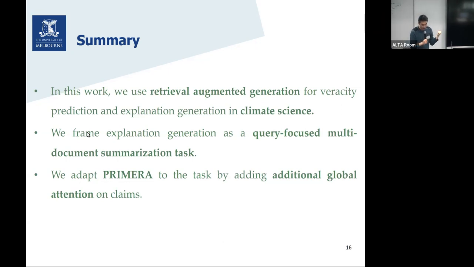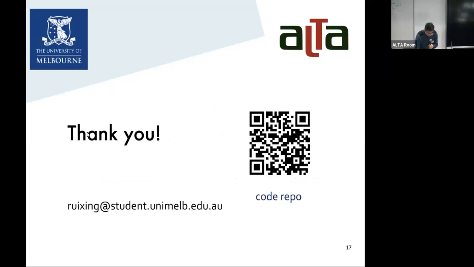Here, the documents are evidence, so the explanations are the summaries which we try to generate. And last, we adapt PRIMERA to the task by adding additional global attention on claims, which makes it more focused on claims when generating explanations. So thank you.